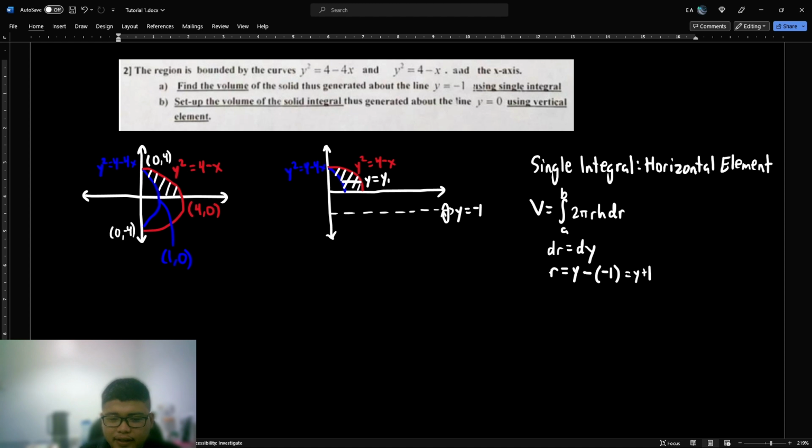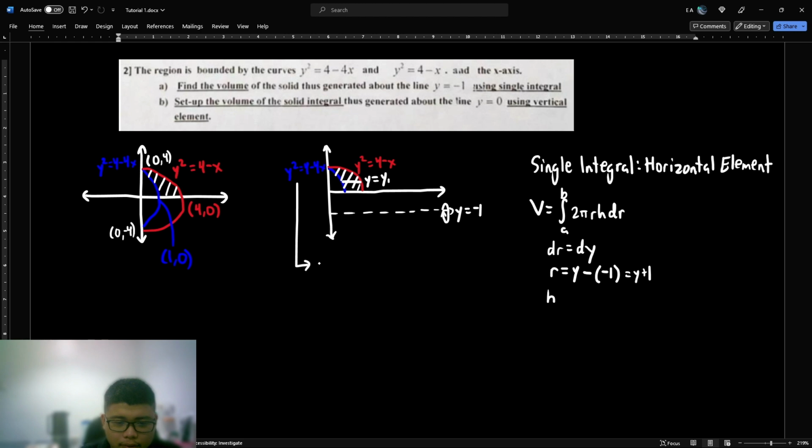The height of our cylinder is actually going to be in terms of y as well. So it's the rightmost minus the leftmost. So we're going to have to convert these functions into their corresponding y's.